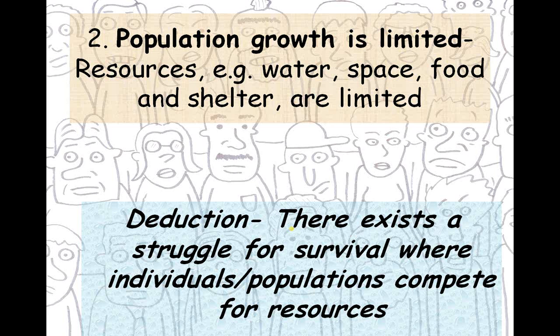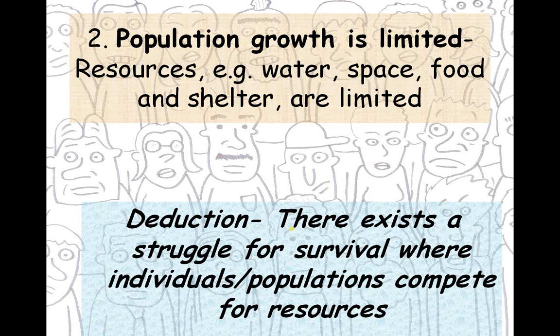Population growth is limited. It's limited by resources: water, space, food, shelter. All of these entities are limited factors, and therefore they keep the populations at a constant level.